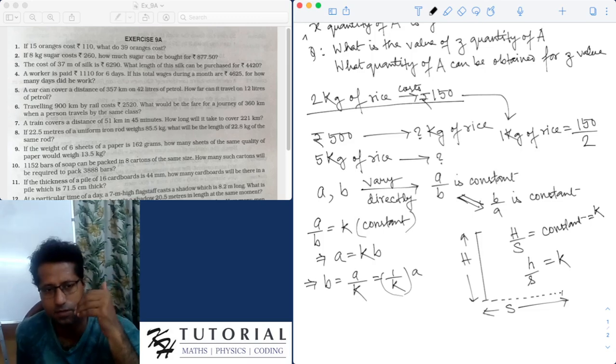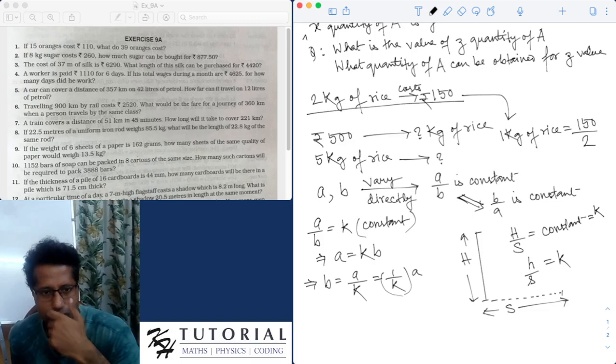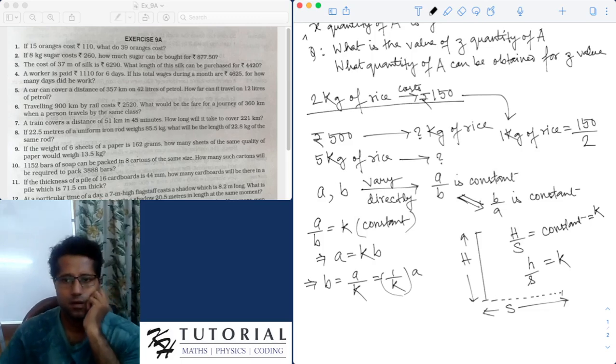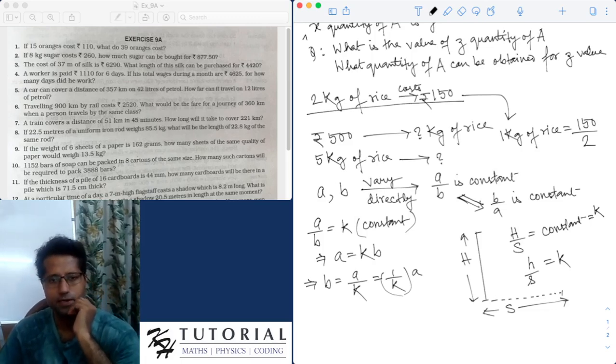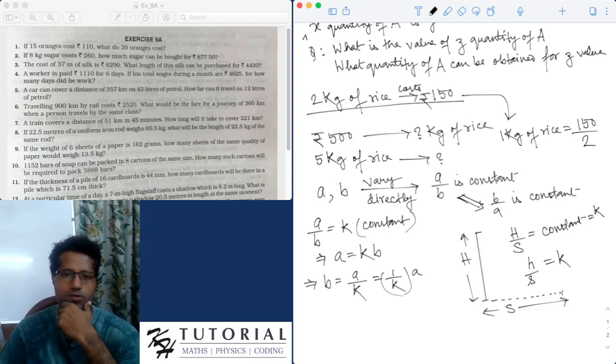If you decrease the number of men, then less work will be done, that is, W will decrease. This is another example. So this is all about two quantities in direct variation or direct proportion.